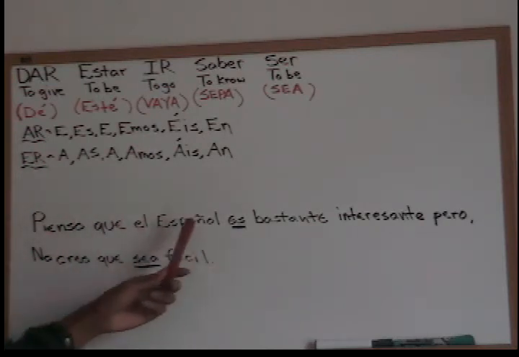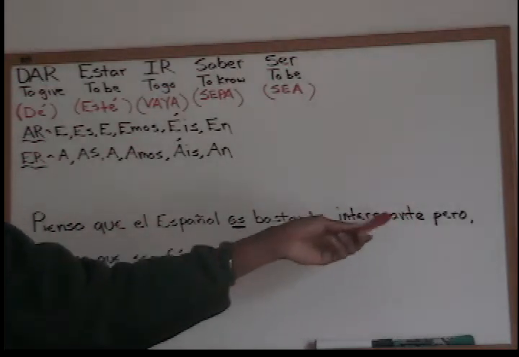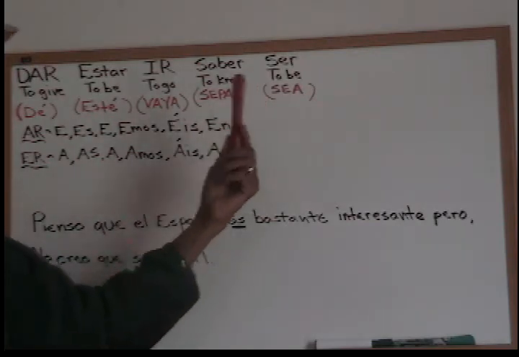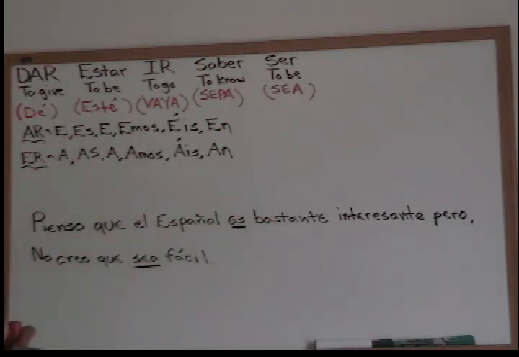So "pienso que el español es bastante interesante, pero no creo que sea fácil." So I think Spanish is quite interesting, but I don't think it will be easy. Okay, so first of all, I say, I want to practice this sea. What sentence can I use with this sea?